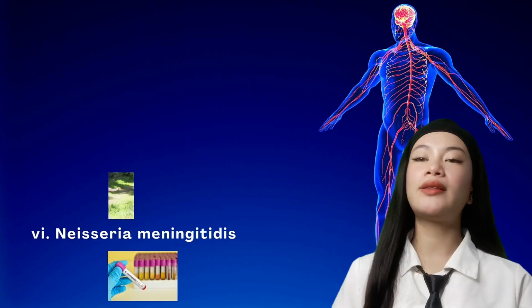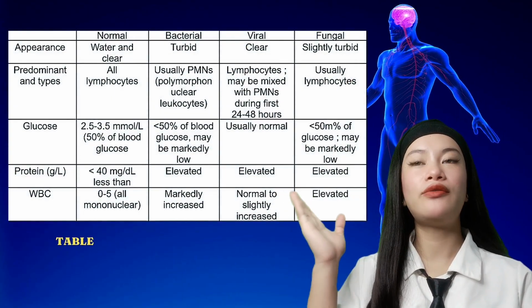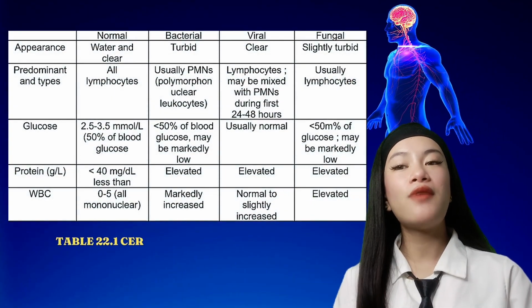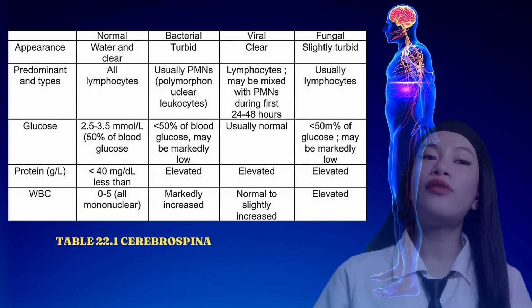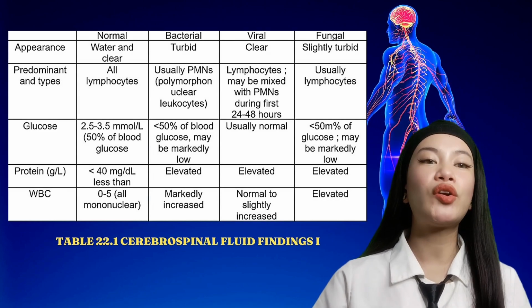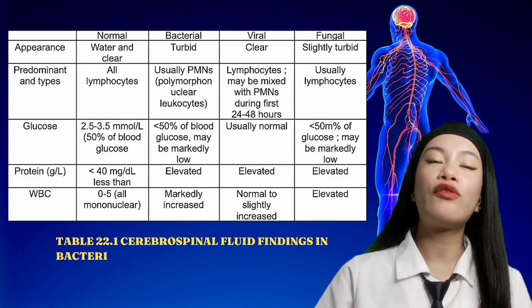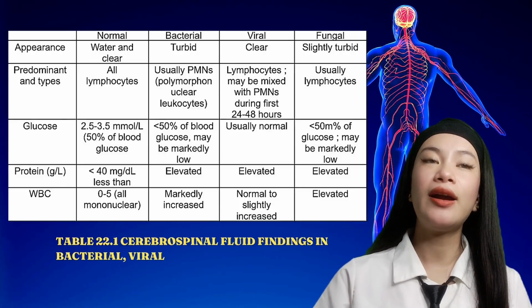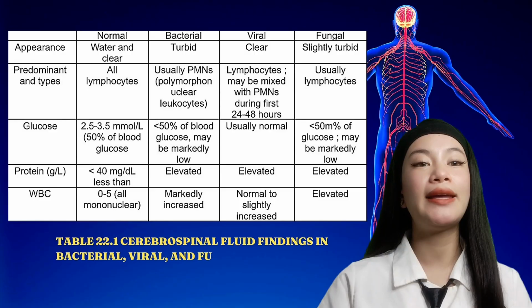And we have here a table showcasing the cerebrospinal fluid findings in bacterial, viral, and fungal meningitis. For appearance, normal CSF is watery and clear. For bacterial meningitis, it is turbid. For viral meningitis, it is clear. And for fungal meningitis, it is slightly turbid.